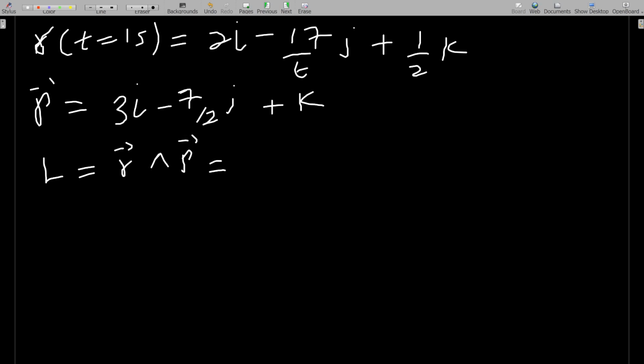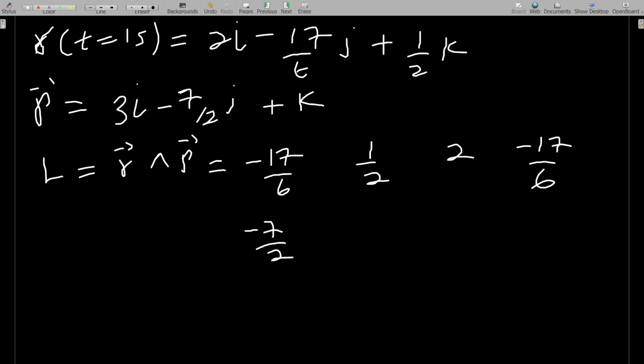And this is simply equal to, like I said, you pick your r right from the second term going: minus 17 over 6, 1 over 2, then 2, minus 17 over 6. Then you come to the momentum, you start writing from the second term: minus 7 over 2, 1, 3, minus 7 over 2. And the solution will be the product of this and this minus the product of this and that.